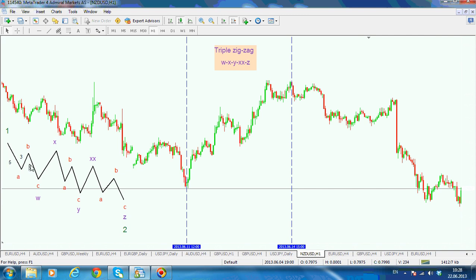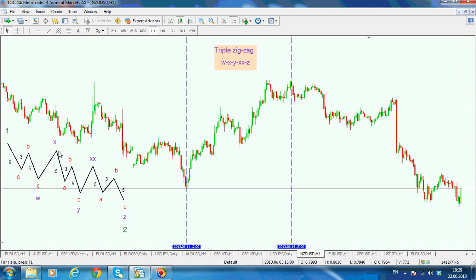This should be a 5 wave impulsive move or leading diagonal for wave A, a 5 wave impulsive move or ending diagonal for wave C, and a 3 wave zigzag family pattern for the B wave that should not retrace more than 61.8% of wave A. This should be a 5 wave structure, and again a 3 wave structure.